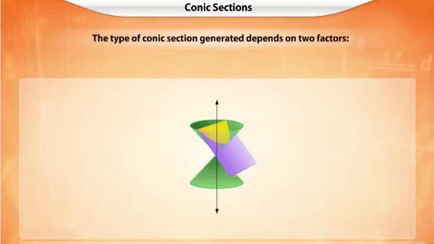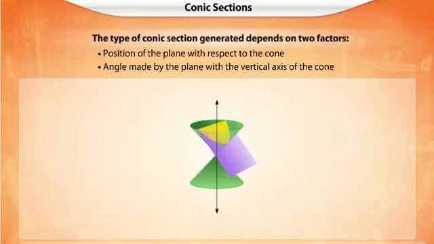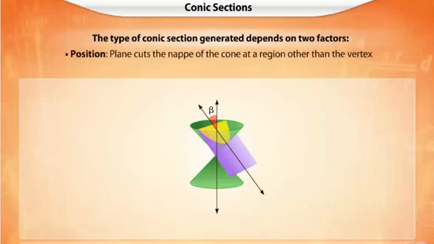We obtain different kinds of conic sections depending on the position of the intersecting plane with respect to the cone and the angle made by the plane with the vertical axis of the cone. Let beta be the angle made by the intersecting plane with the vertical axis of the cone. Let us look at the sections obtained when the plane cuts the nap of the cone at a region other than the vertex.